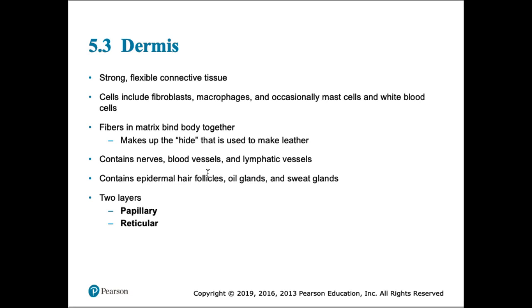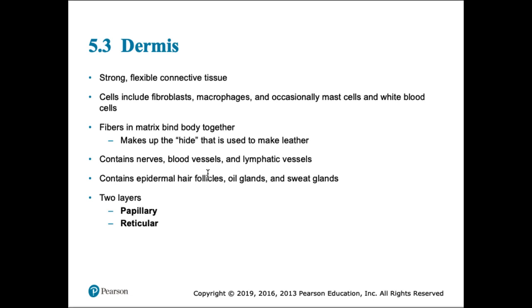So since I mentioned the dermis just a second ago as being deep down, dermis is this strong, flexible connective tissue. So there are a lot of different cells in here too. There are the fibroblasts, the macrophages, and of course the mast cells and white blood cells that come along as well. The fibers in this matrix bind the body together. So it makes up the hide that is used to make leather.